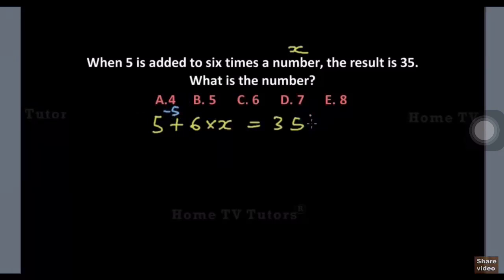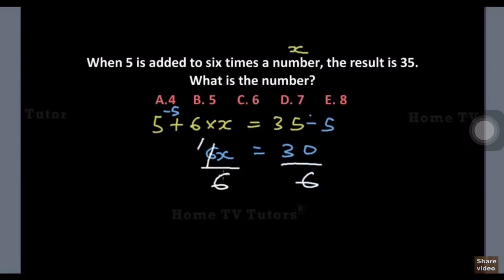So we subtract 5 from both sides, and that will leave us with 6 times x equal to 30. We divide both sides by 6 and we get 5. Yes, 30 divided by 6 gives us 5.